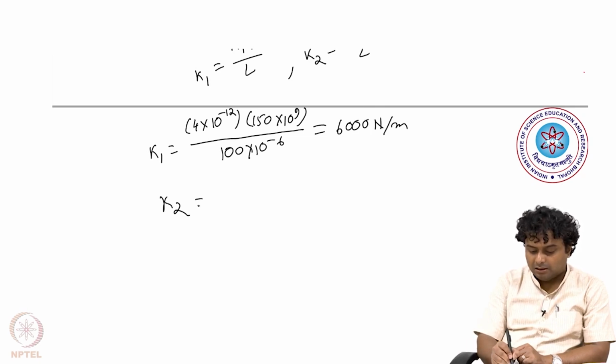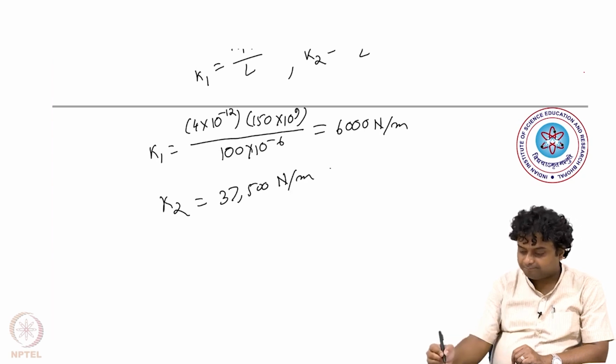And similarly, K2 will be, here it will be 25, and it will come as 37,500 Newton per meter. Okay.